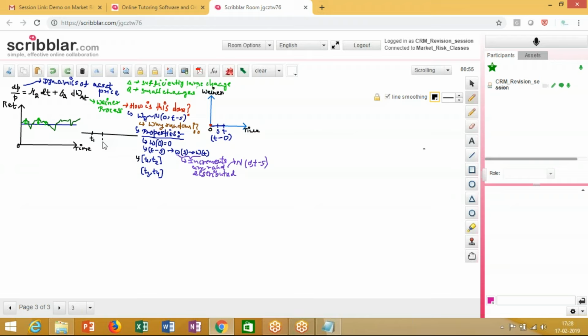T1, T2, T3, T4. Now T2 and T3 can be the same time frame, right? So let's say that this is T1 and T2.